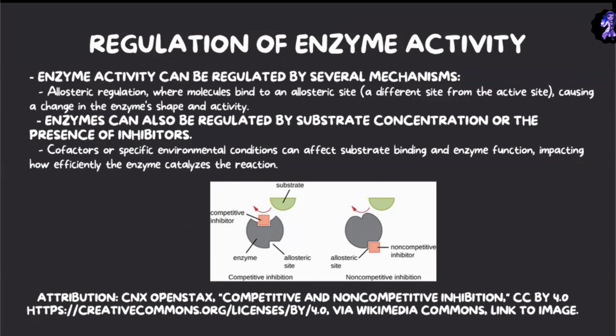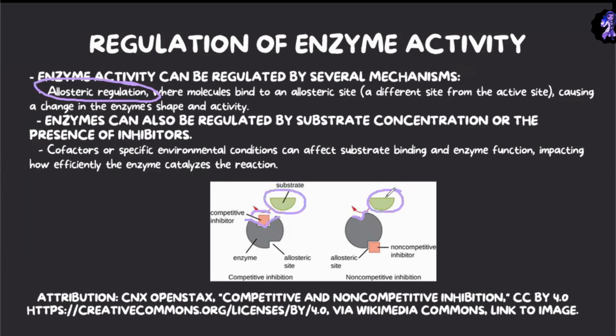There are different ways in which the enzyme can work, and one of them is called allosteric regulation. And the thing is, you can have an enzyme and you can have an active site. So let's say that this little location right here, and you can have a substrate as shown here.